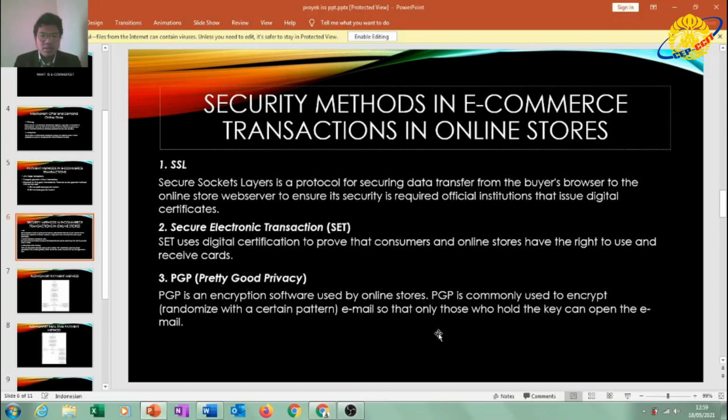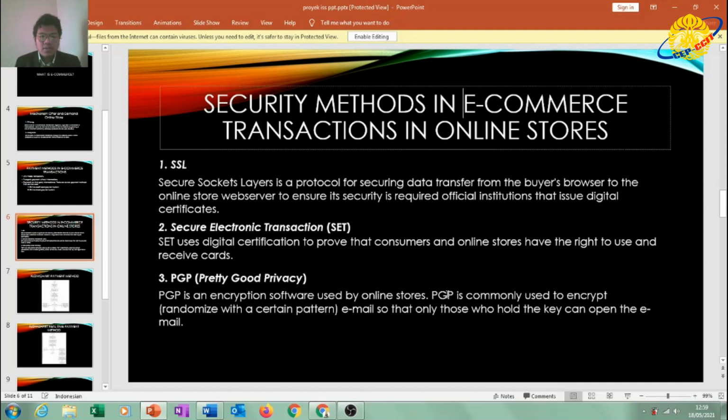To do this, we need an official institution that issues digital certificates. And the consumer in a transaction needs to make sure that the data are well encrypted. So that is the first method.